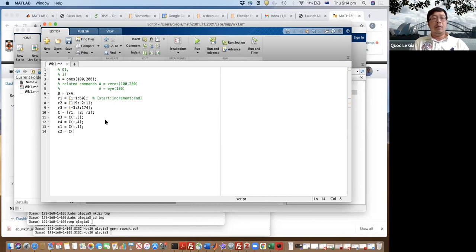So this one is the 3rd column of matrix C.